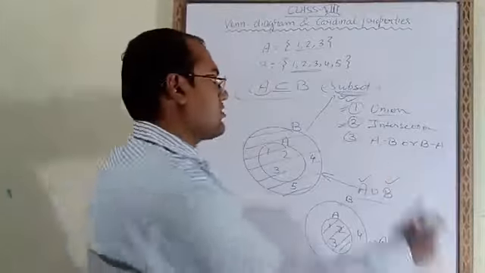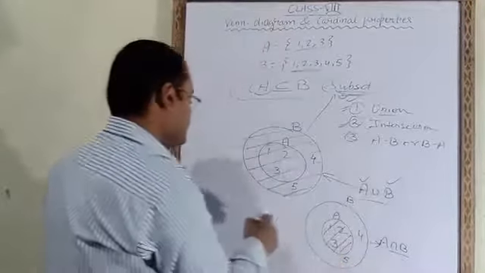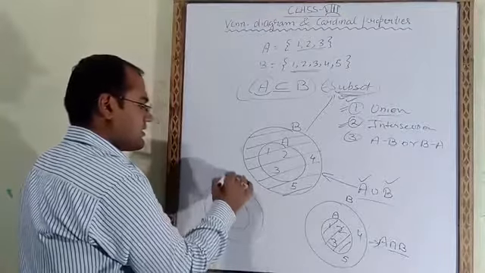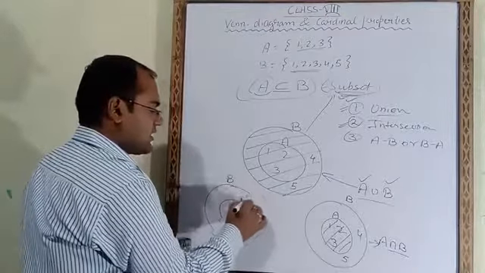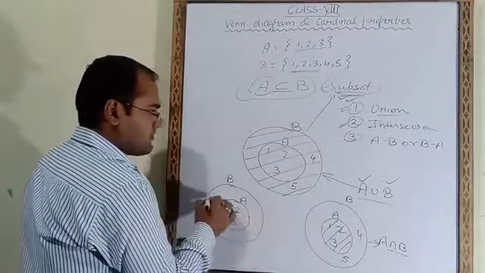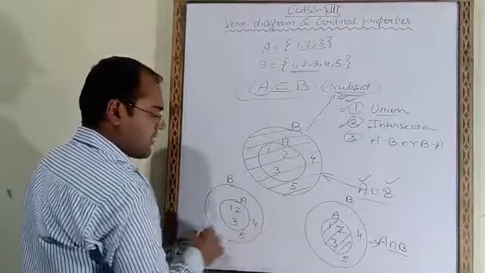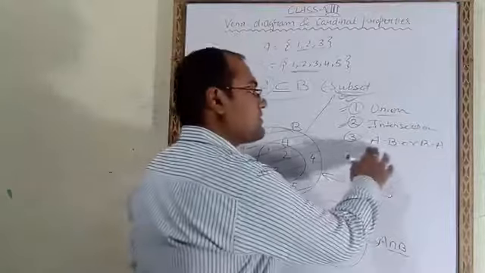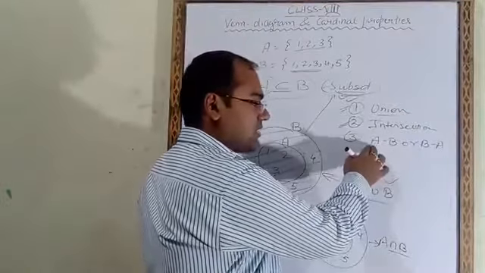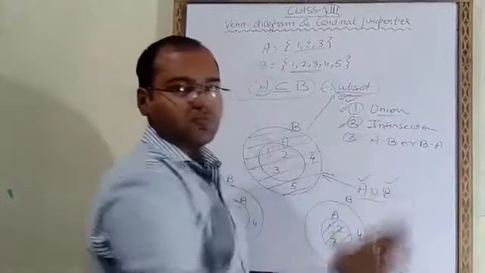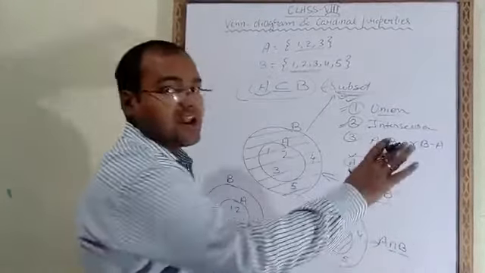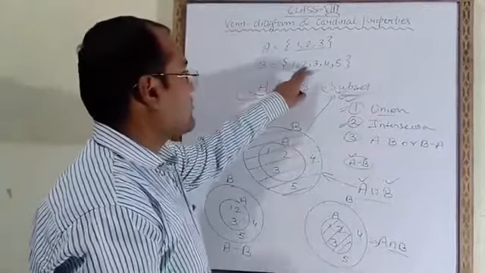Now third is A minus B. For this, you have to draw the same figure of subset. This is B, this is A, 1, 2, 3 and here it is 4, 5. A minus B means out of A we have to remove B's elements. From A we have to remove B's elements. B's elements are 1, 2, 3, 4, 5.